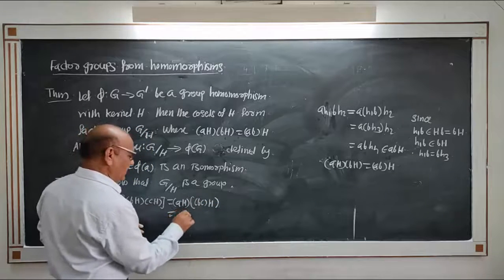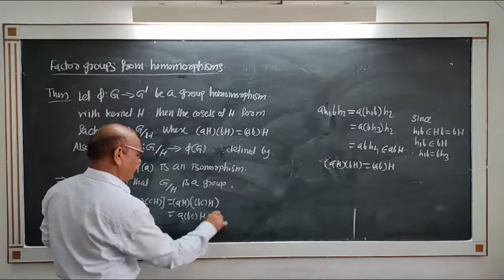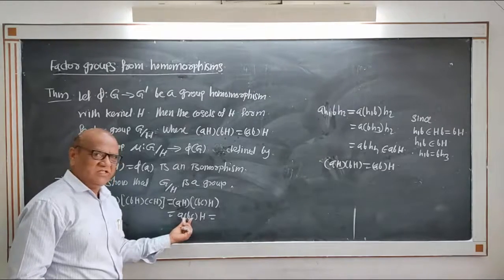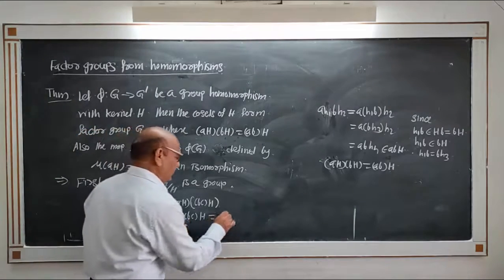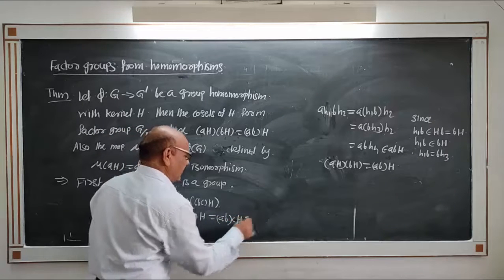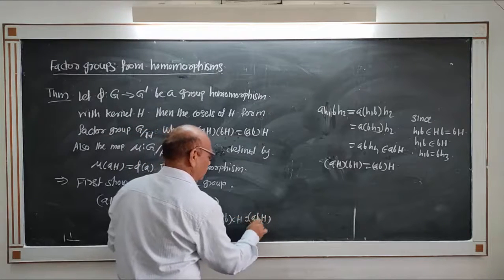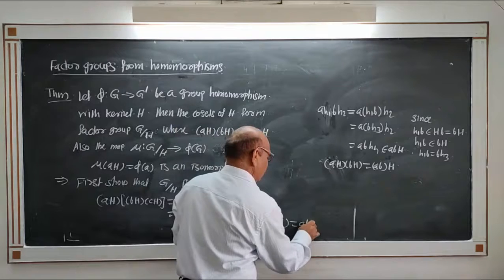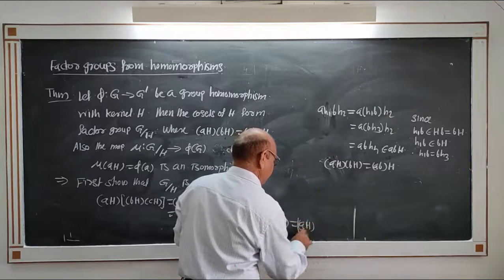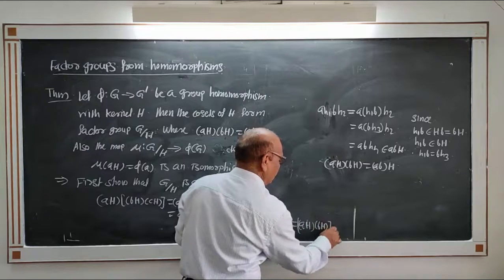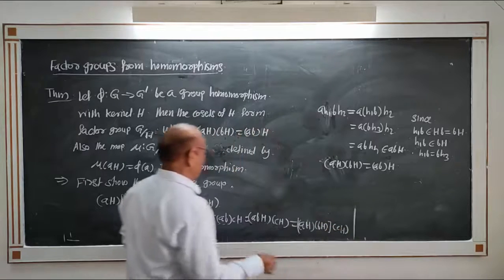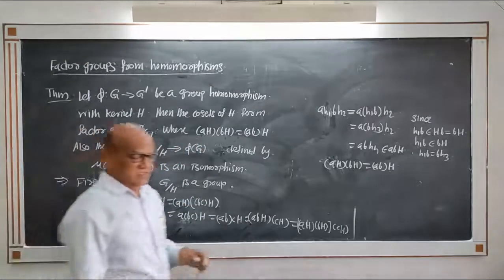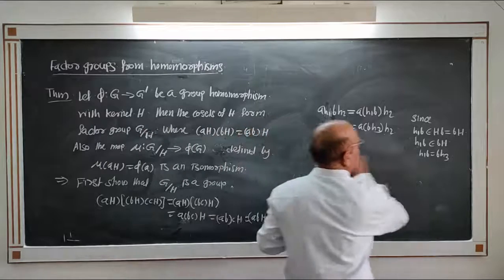Now again the product of these is abcH, where small a, b, c are elements of G. G satisfies the associative property, so this is equal to abH cH, which is equal to aH bH cH. So the associative law is satisfied in G by H.